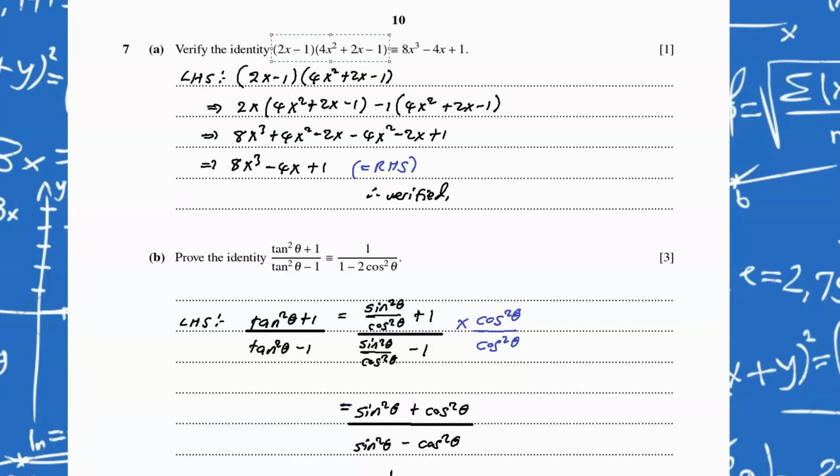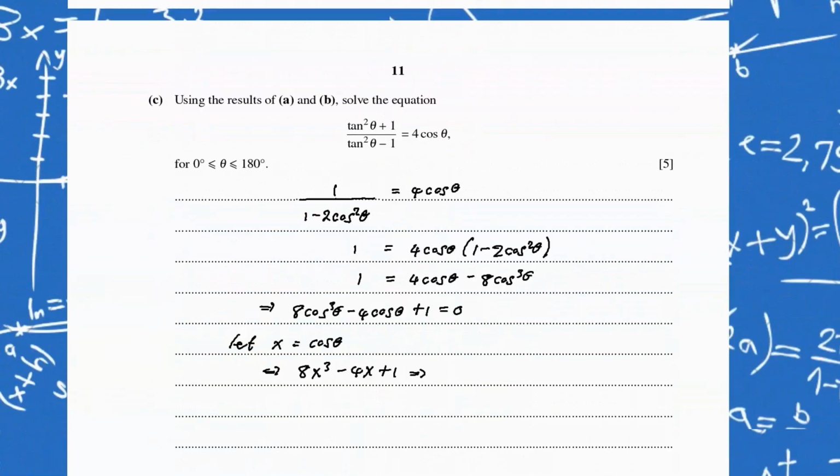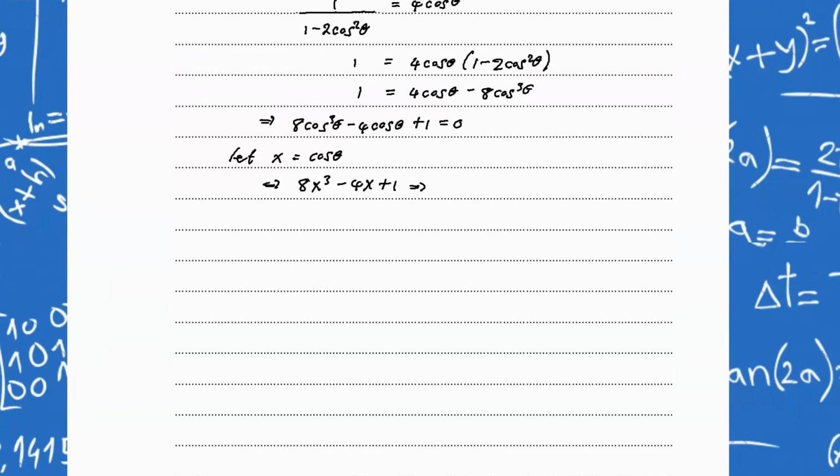So let me just copy this. All right, so it's basically the same as this, which therefore, if we take back the cos theta, it will be 2 cos theta minus 1 of 4 cos squared theta plus 2 cos theta minus 1. And since we had said this thing is equal to 0, this thing again will be equal to 0.